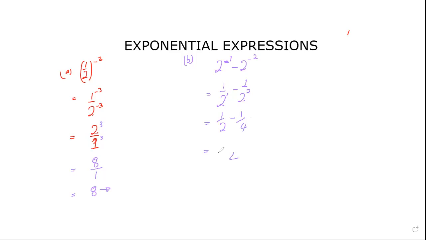LCM there is 4. 2 into 4 goes 2 times, 2 times this one here. Minus 4 into 4 goes once, 1 times that one there.